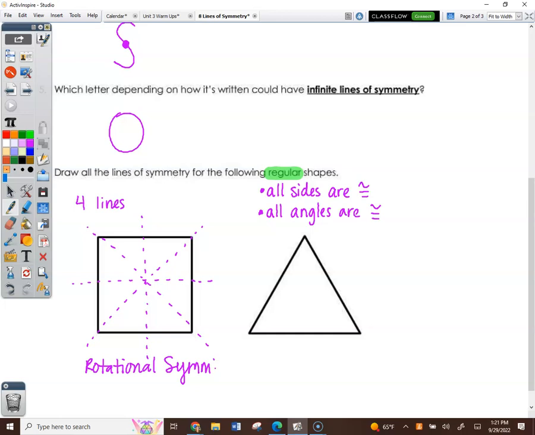List them. How many should you list? 3. It should be 3. If you forgot how to do it, it's 360 divided by the number of sides. And then you count by that degree measure. So it's 90, 180, 270.